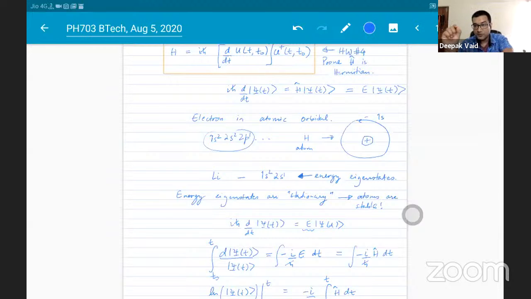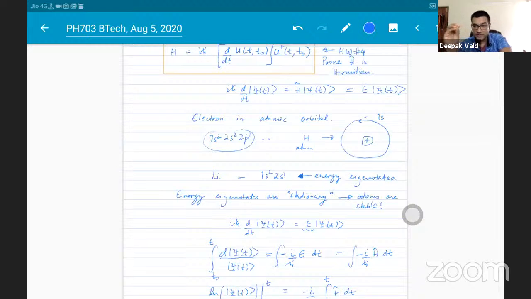That means your potential is conservative. But it doesn't mean your potential is a constant. If you have a Coulomb potential, your potential is conservative. But is your potential a constant? No, it's not constant. So don't confuse those two things. Conservative and constant are two separate things.